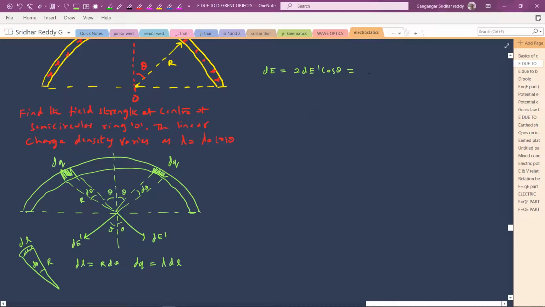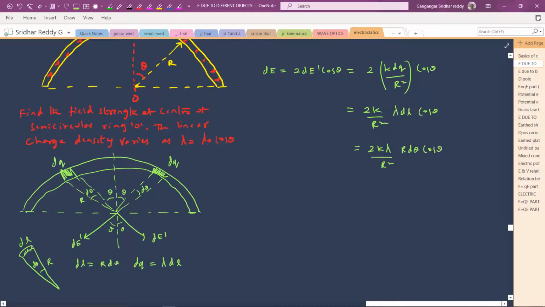So what is dE dash? It is k dq by r square, from the electric field due to a point charge. So the resultant is 2k dq by r square cos theta. What is dq equal to? Lambda into dl. So 2k lambda by r square cos theta. What is dl equal to?